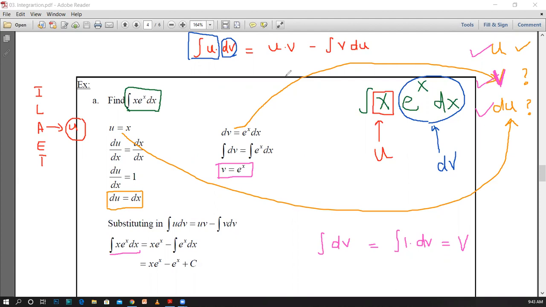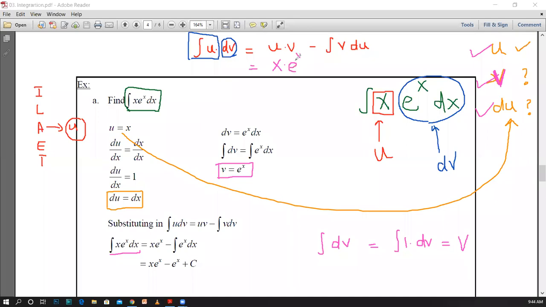I am doing the substitution here. Instead of u, what I got was x. Instead of v, what I found was e to the power x.